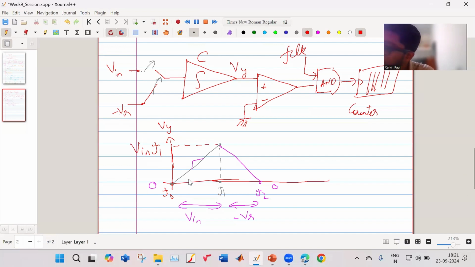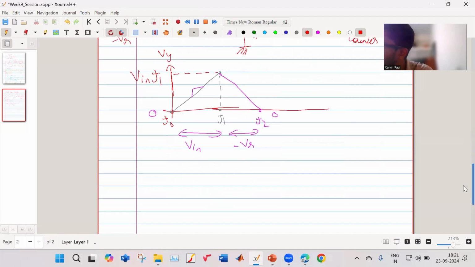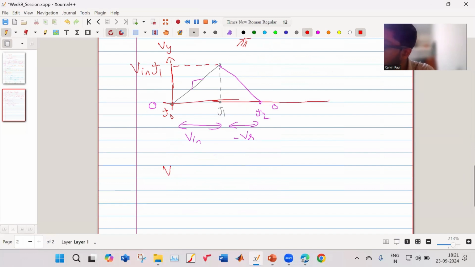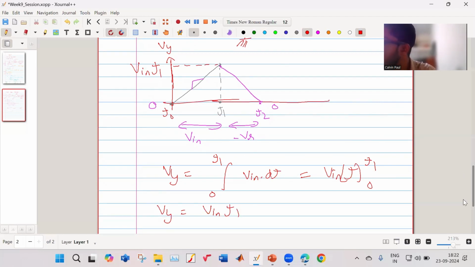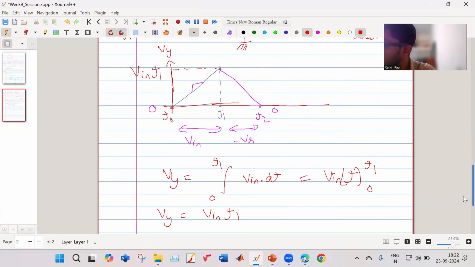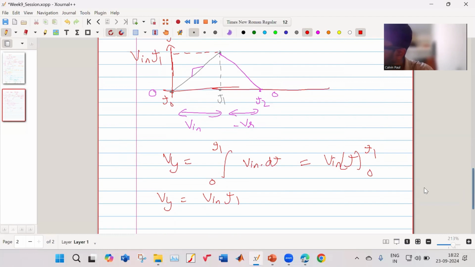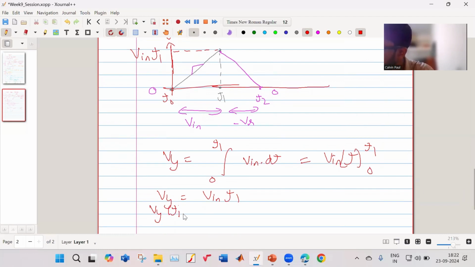An integrator will increase the value. So let us say your Vy is equal to the integration from 0 to T1 of Vin dt. So it will be Vin into T from 0 to T1. That is why your Vy is equal to Vin into T1. That is basically what your integrator is doing. So your Vy at time T1 is equal to Vin into T1.